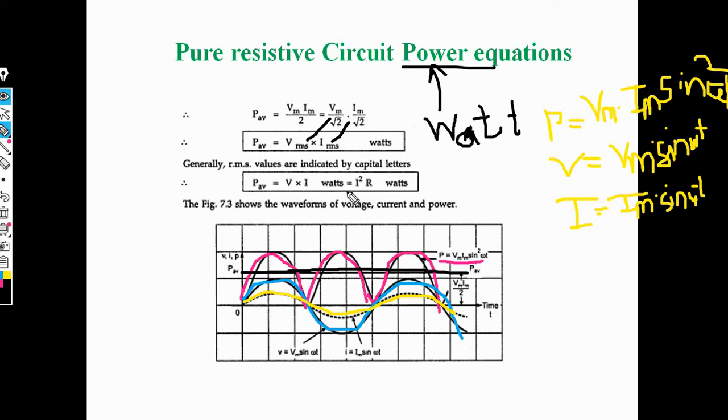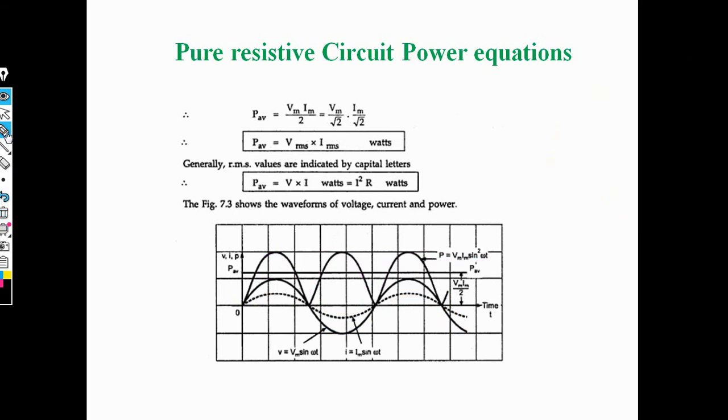Now the power equations for voltage, current and power are applicable to a pure resistive circuit. Here we have to explain the waveform of voltage, current and power. We also have to calculate average power, that is V into I, and its unit is watt.